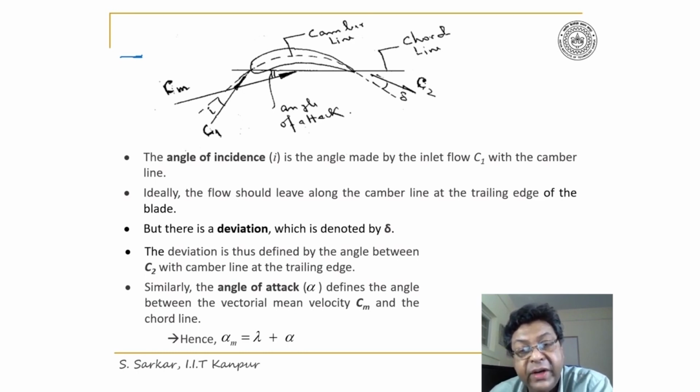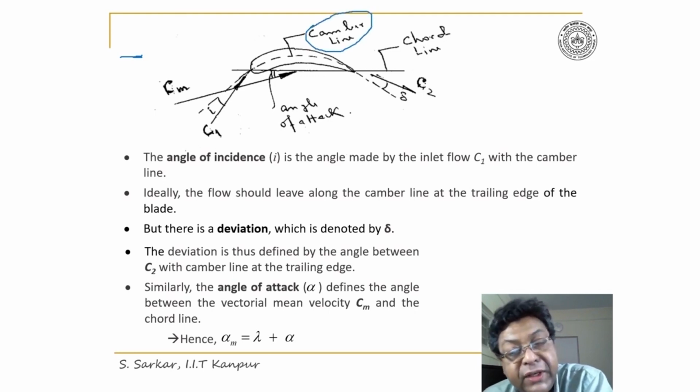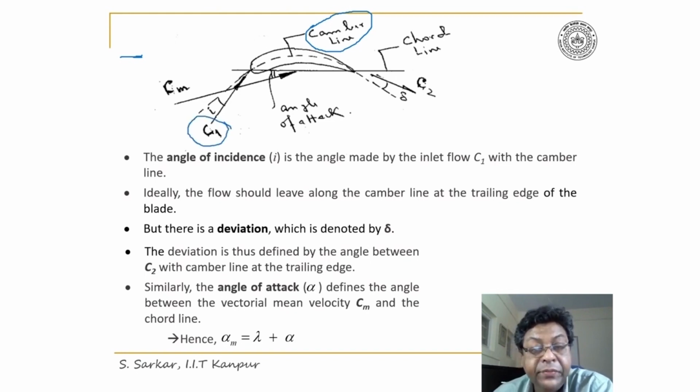Furthermore, I have considered here the camber line also, which has been indicated by the dotted line. Now C1 be the inlet velocity, and C1 makes an angle I with respect to the camber line, so I is called the angle of incidence.